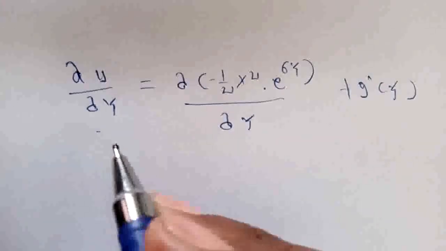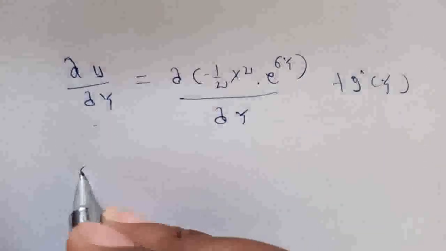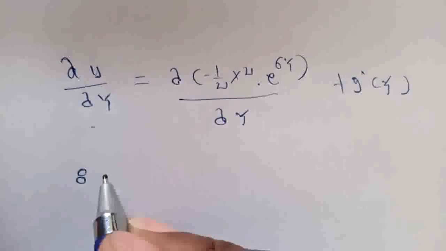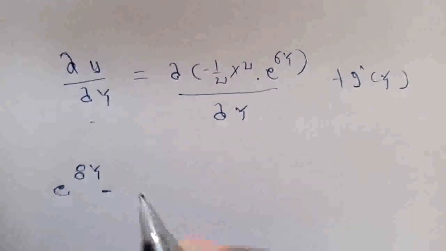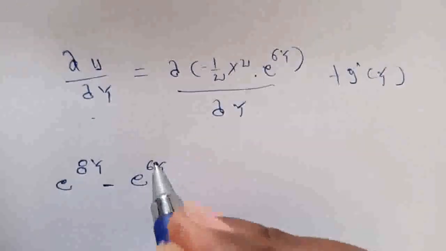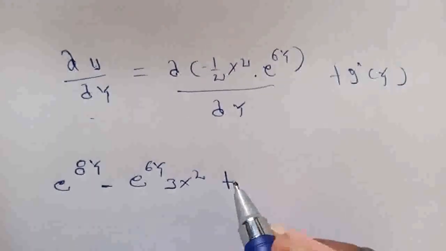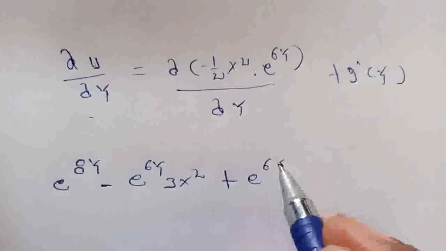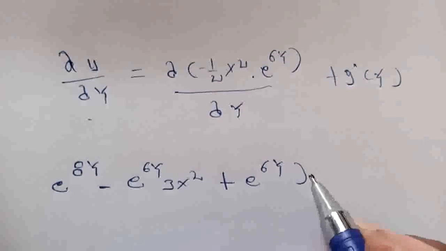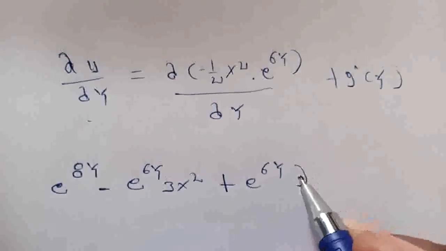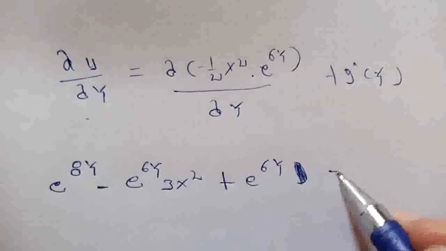Now this one is actually N of x y. N of x y is here, which is e to the power of 8y minus e to the power of 6y times 3x squared plus e to the power of 6y. This one is N of x y.